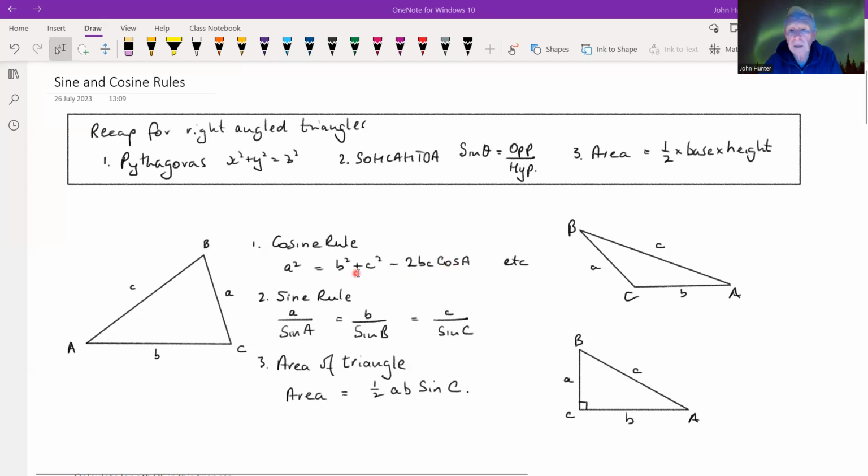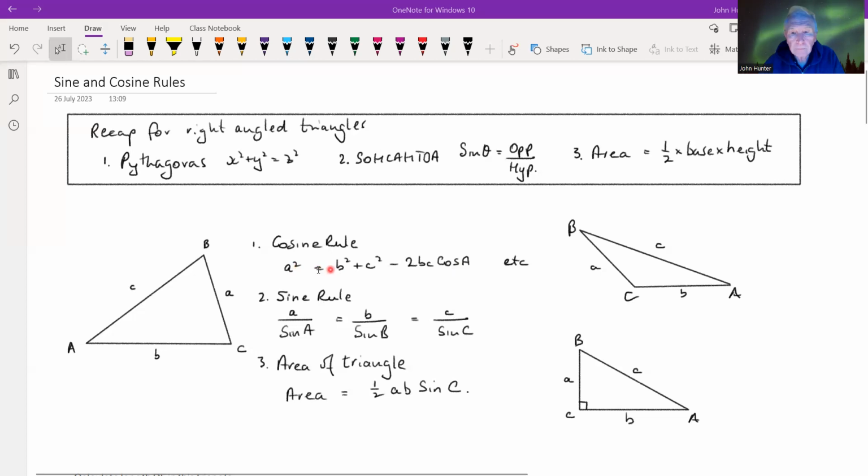So if we've got all three lengths, we can use it to calculate the angle, and if we've got two lengths and an angle, we can use it to calculate the other length. We may need to not only rewrite it with the letters that are given in the problem, but also rearrange the formula to make the quantity we want explicit.